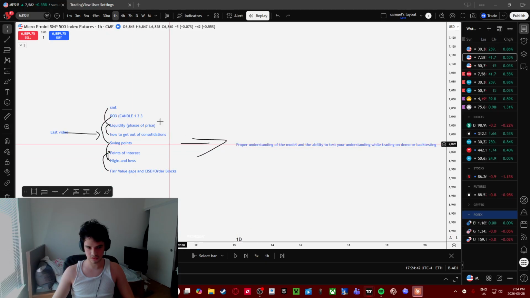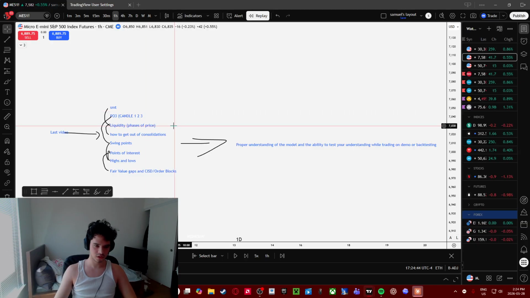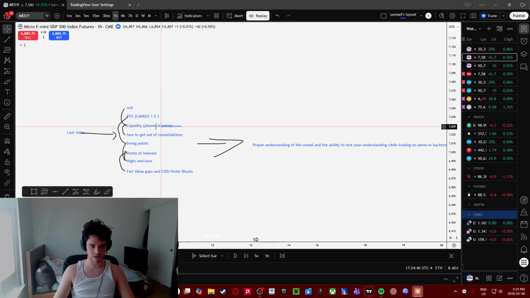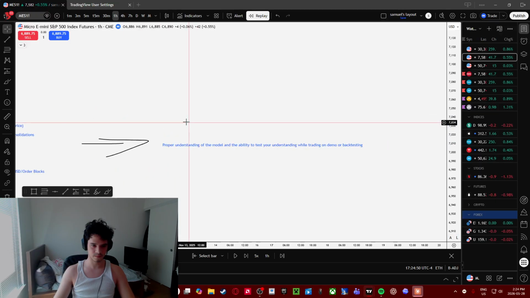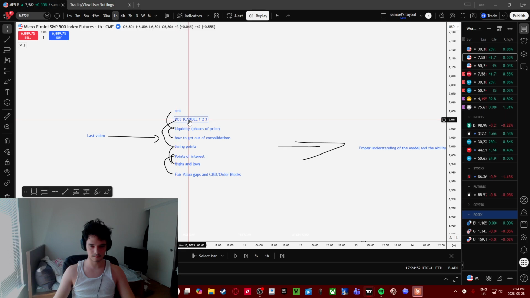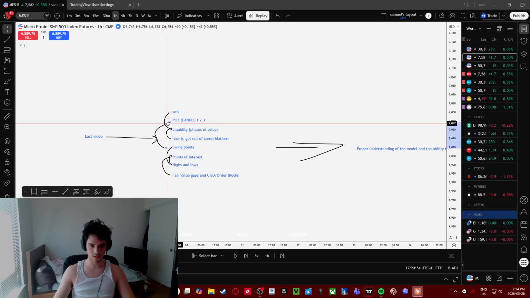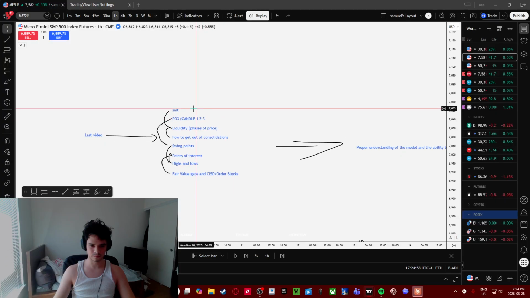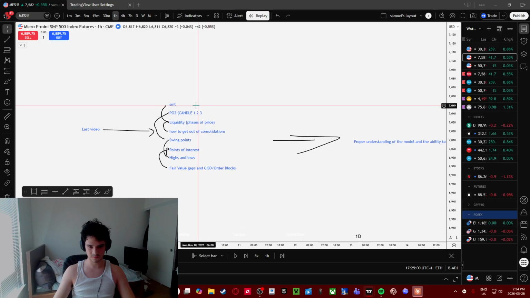Let me just tie these together. So you analyze liquidity and look for power three, right? You look for candle two with perhaps an SMT.